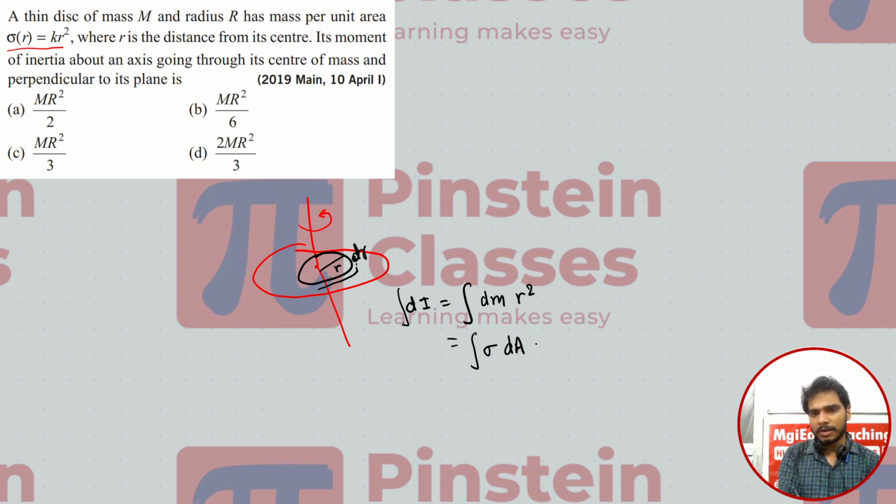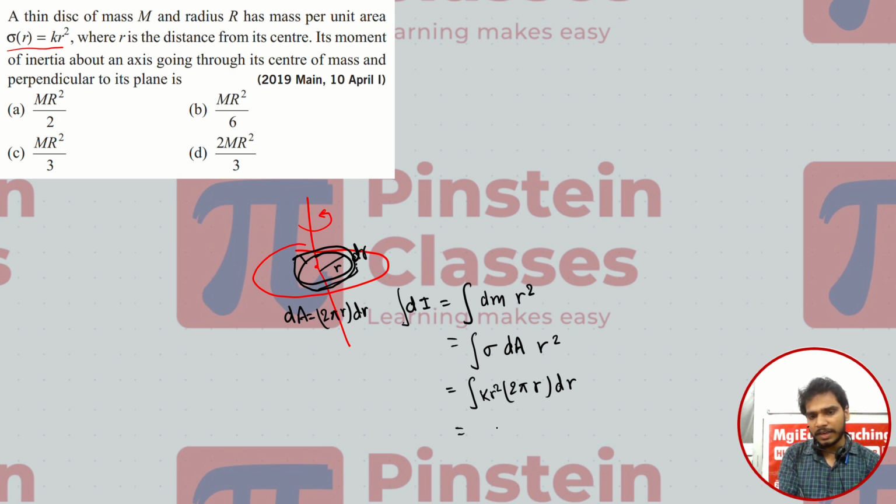Now this is r square. The area of this segment, with width dr, is dA equals 2 pi r times dr. So we will plug in the expression for dA, 2 pi r times dr, and the value of sigma is k times r square.